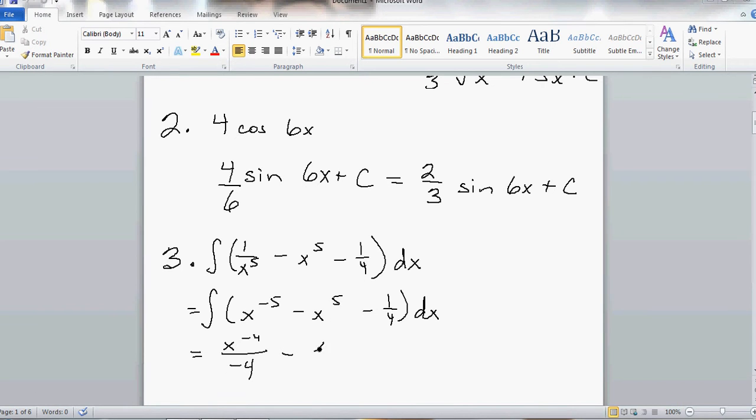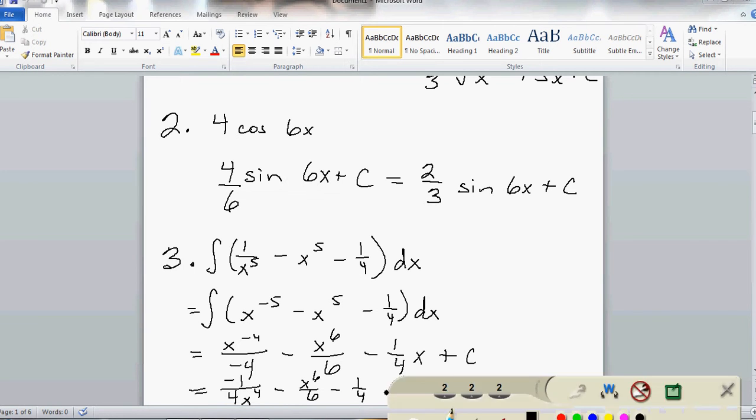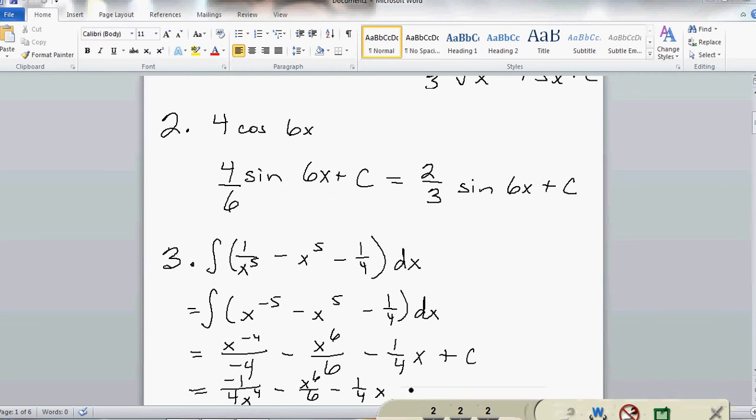This becomes x to the 6th, divided by that new exponent. And since it was a constant, it becomes 1/4 x plus c. Now all I have to do is clean this up. So this becomes negative 1 over 4x to the 4th minus x to the 6th over 6 minus 1/4 x plus c. And that is the final answer for number 3.